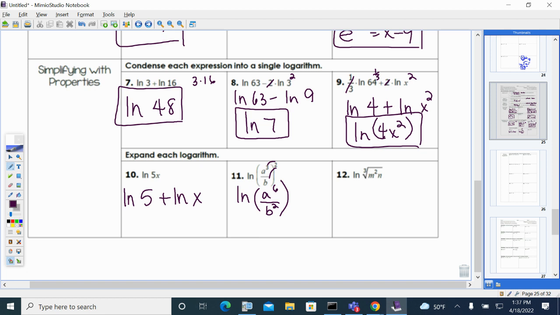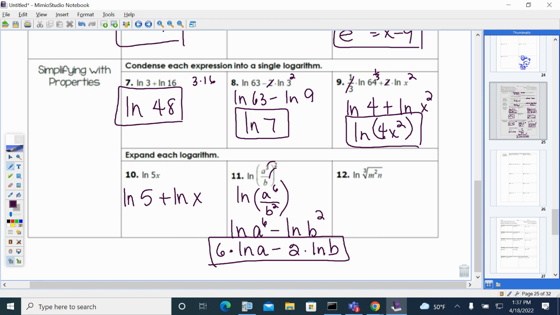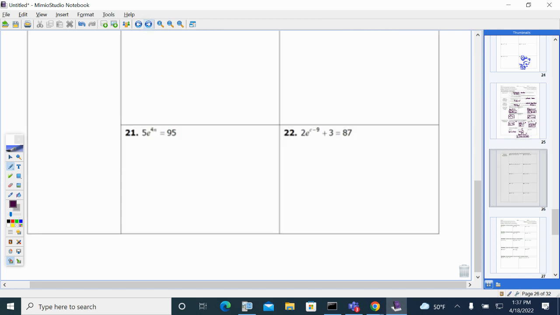All I've done there is distribute that 2 that's on the outside of the parentheses. Now I can rewrite this. It'll be the natural log of a to the 6 minus the natural log of b squared. And then the last step is to move your exponents to a product. And there's that expand. So it's just knowing your rules frontwards and backwards.